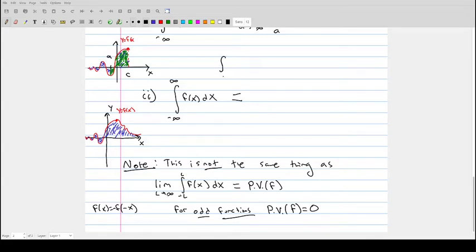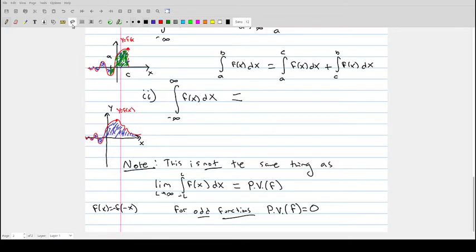It says that for any interval from a to b, if you take any point in between, call it c, the integral from a to b is the same as the integral from a to c of f of x plus the integral from c to b of f of x dx.